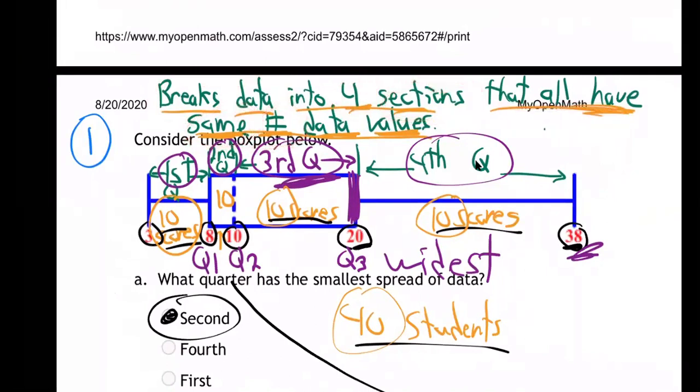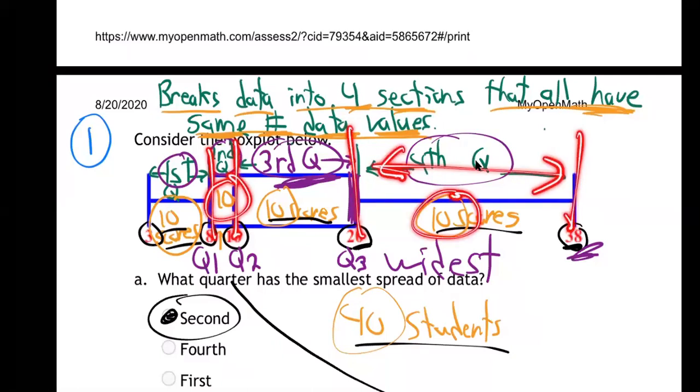That's the key element to a box plot. That's what today's lecture is all about: a box plot breaks the data into 4 sections, all having the same number of data values or student scores. So even though this section here is very narrow and this one over here is very much wider, they both have 10, and all the sections have the same number of students in them.